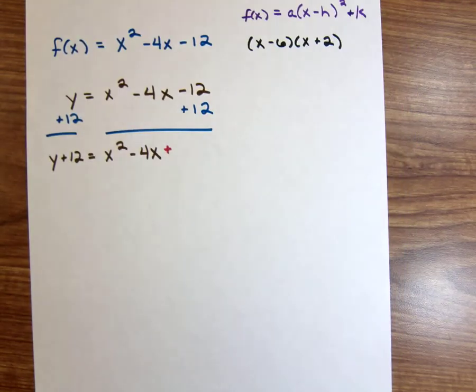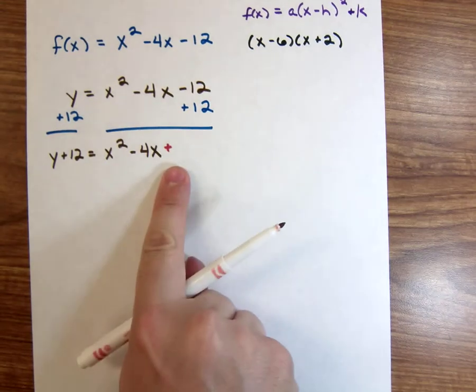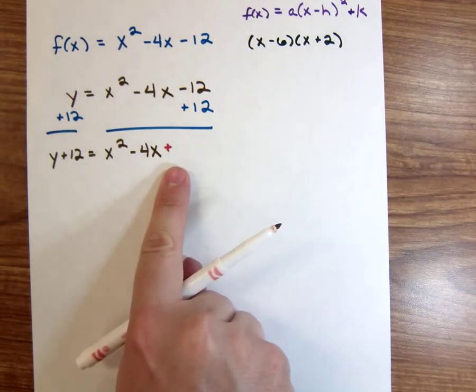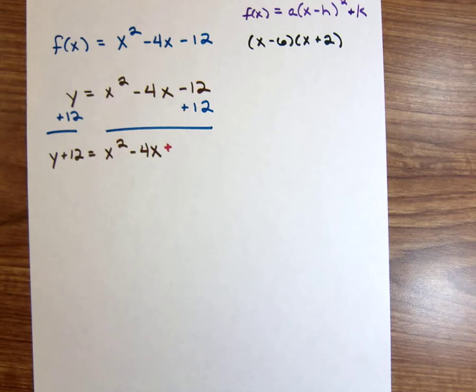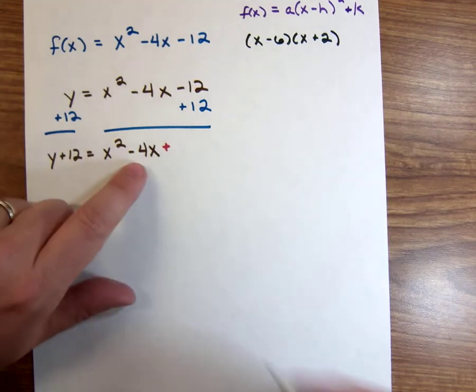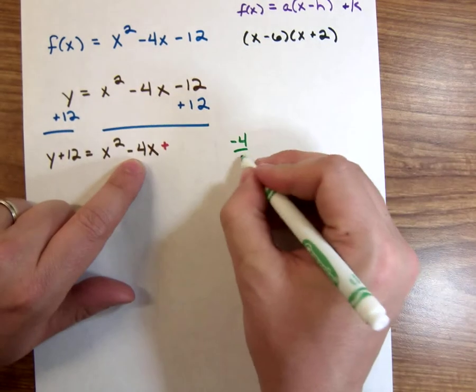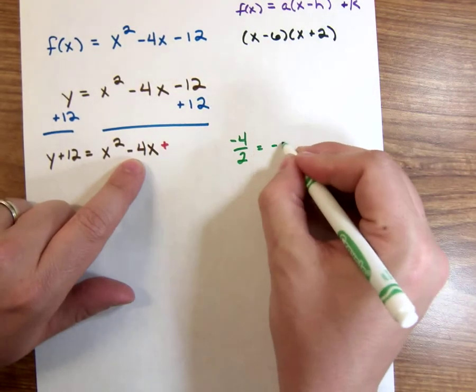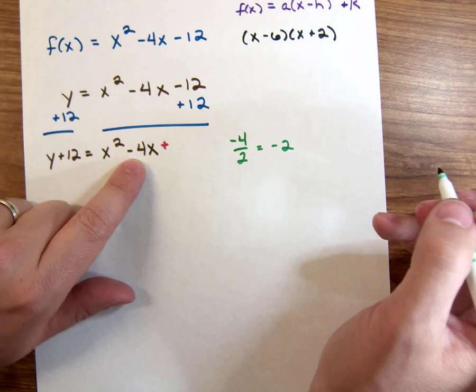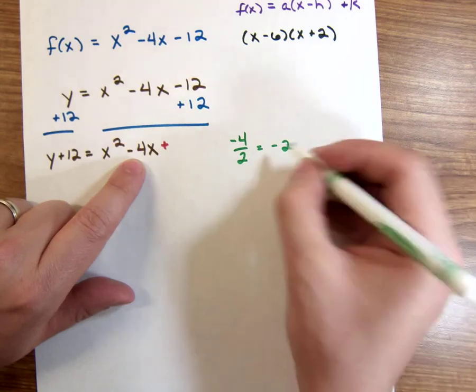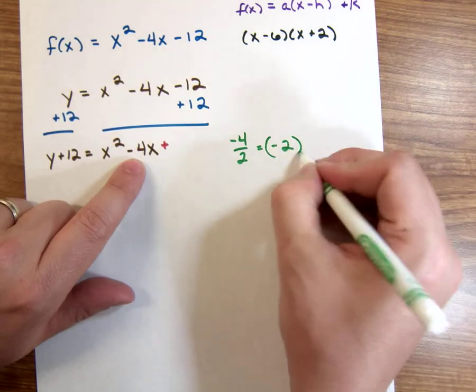What number could I put here where factoring it would cause me to have a perfect square? You've probably forgotten because you've slept since then, but the way you do it is you take the number in front of the x, divide it by 2, and, nope, nobody remembers, square it.